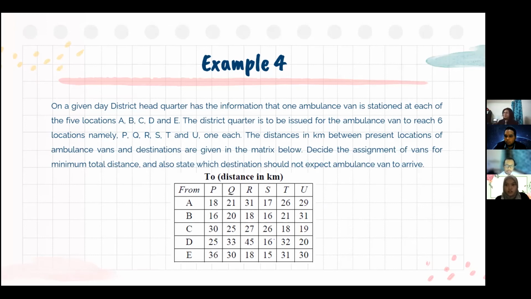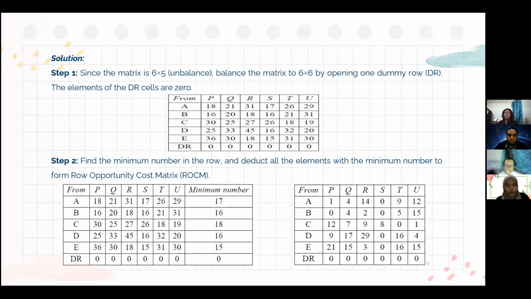So what we need to do is decide the assignment of vans for minimum total distance, and also decide which destination should not expect an ambulance van to arrive. The matrix here is 5 by 6. So we need to balance the matrix to 6 by 6 by opening one dummy row.